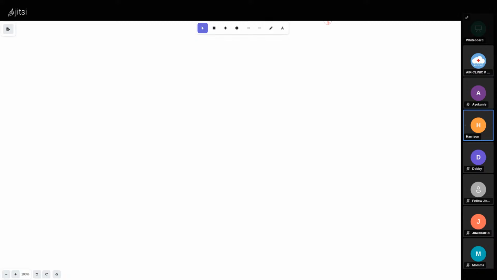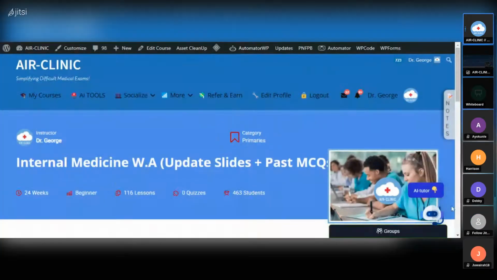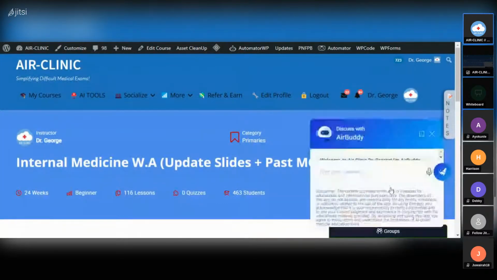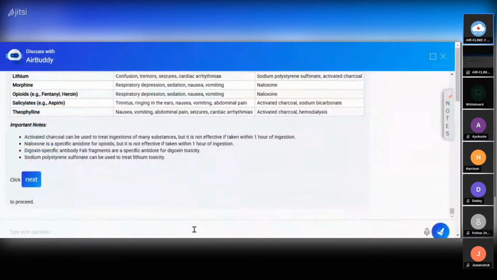Fluoxetine is obviously an SSRI, so it doesn't belong there. So the question should be, what do you actually use to neutralize ethylene glycol? What's the antidote?